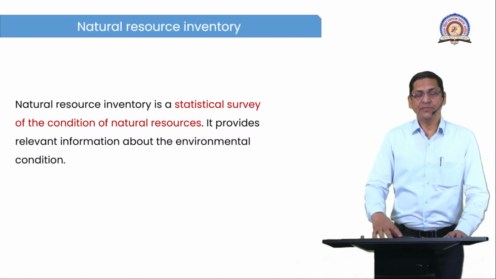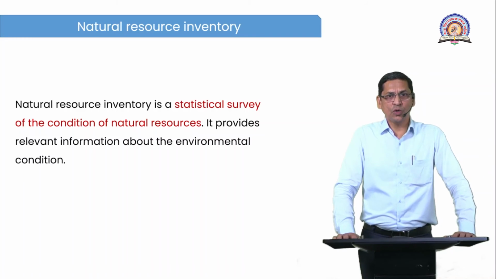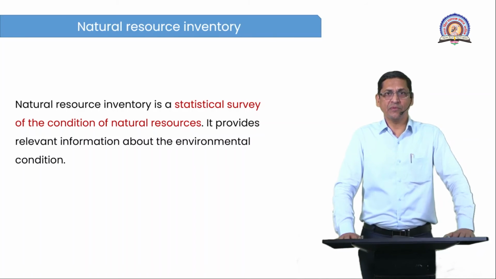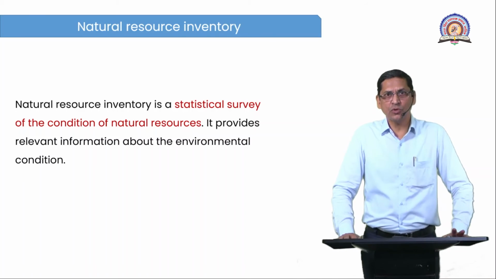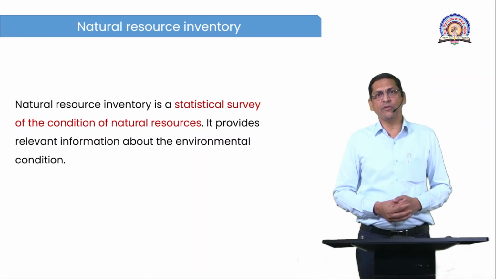After that, GIS can be used in natural resource inventory. Resources are quite required for development, such as land resources or water resources or mineral resources. They are very, very essential for the development process.